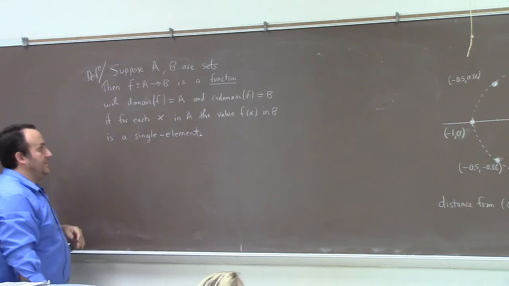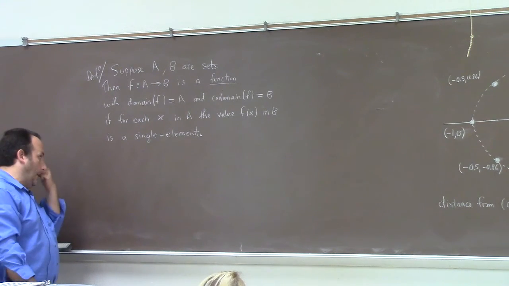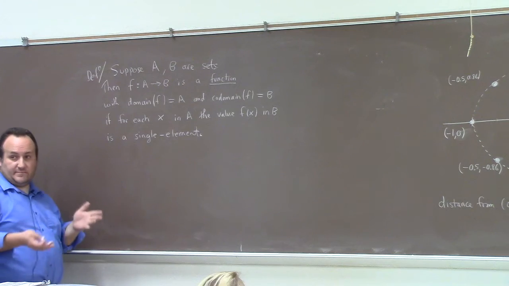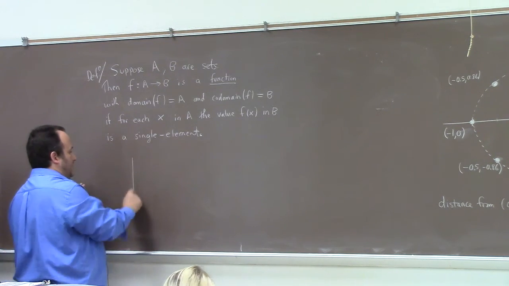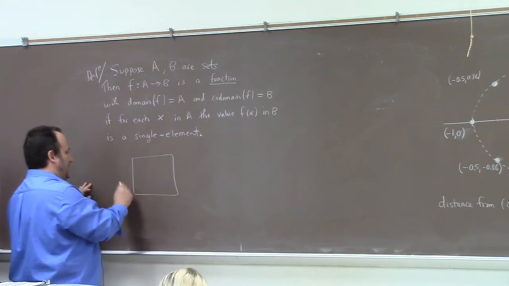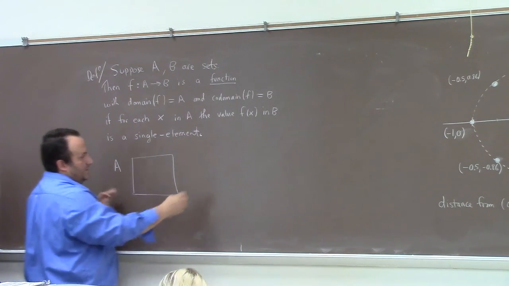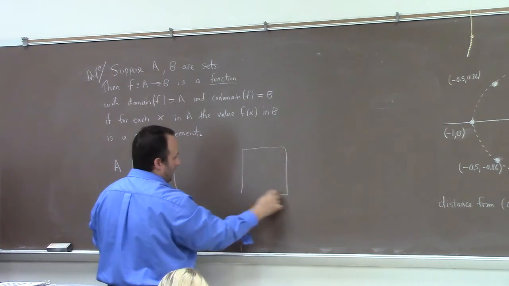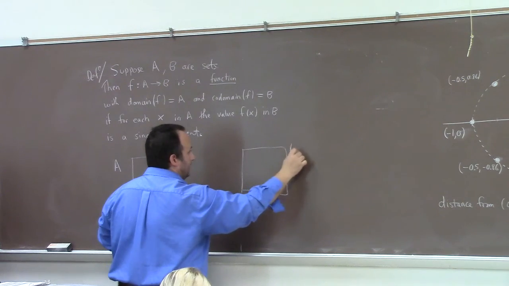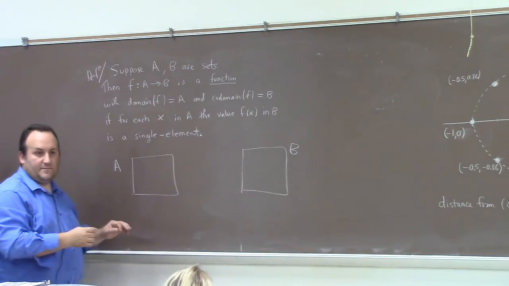So let me draw a picture, just sort of a heuristic picture. We could think of this as being A. Over here, we could think of this as being B. F is a function.